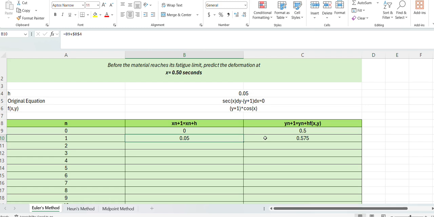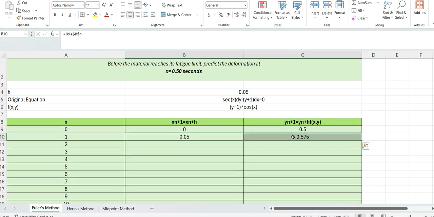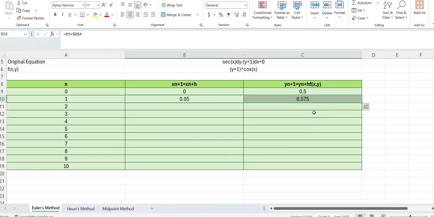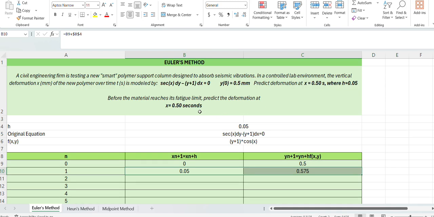So upon consistency of the formula and the dollar signs, we must consider dragging this until we find the value of 0.5, and the answer for our question of finding y at 0.5 seconds.